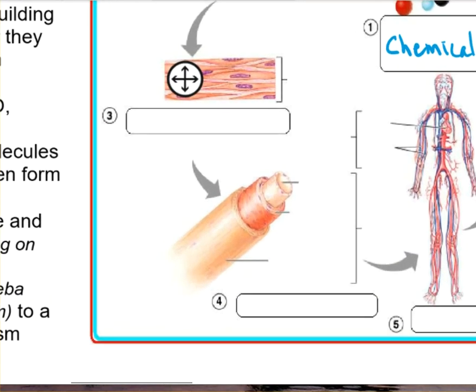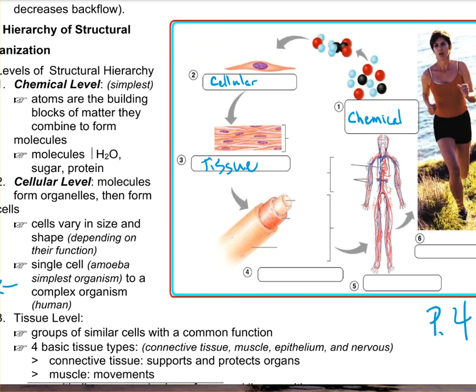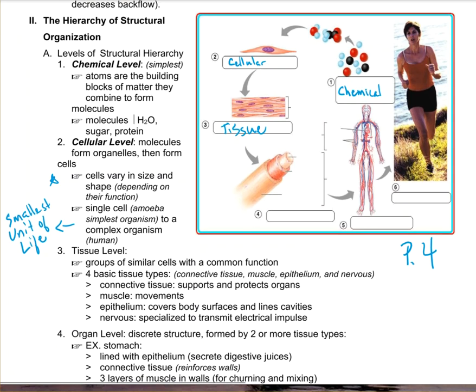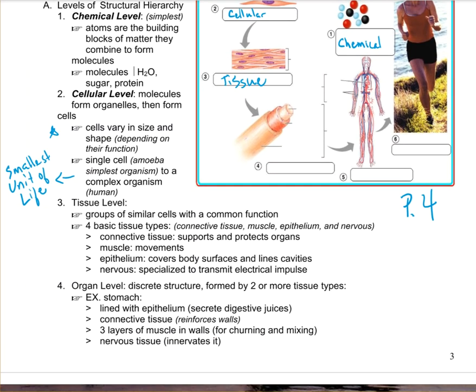And so tissues are right here. As you can see, there's the definition, and then it lists the 4 basic tissue types. We're going to go over all these later, and you've probably done that before in your intro biology class. So I'll wait and talk more about those different tissue types.